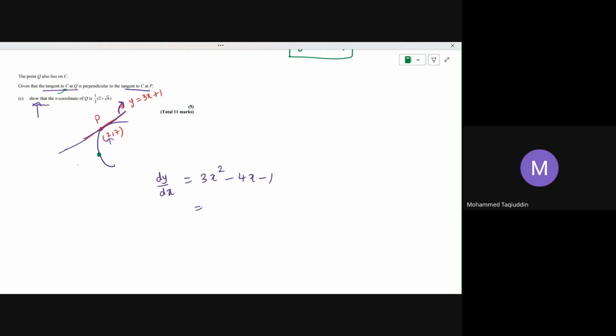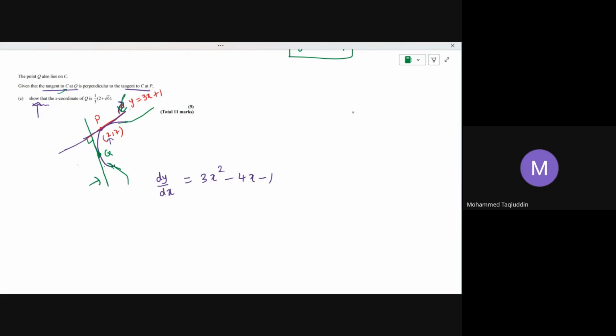Okay, this is the point Q. If I draw a tangent to this, what happens? They are perpendicular, isn't it? Maybe the graph looks something like this. Clear? So anyway, both the tangents, this one and this one, are perpendicular. When they are perpendicular, there is a condition. What is that?